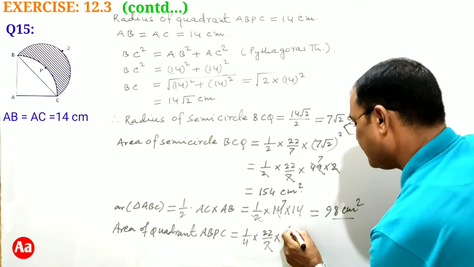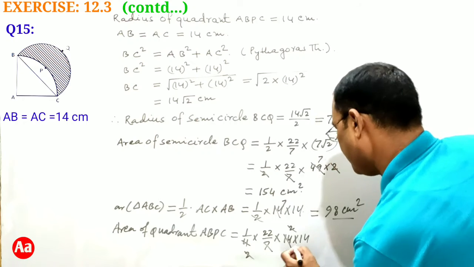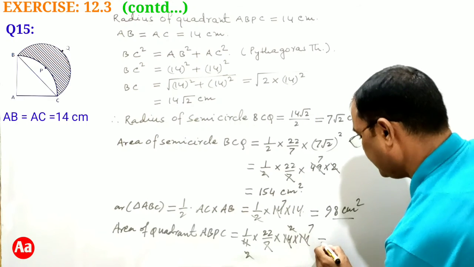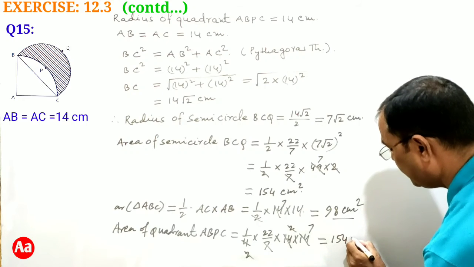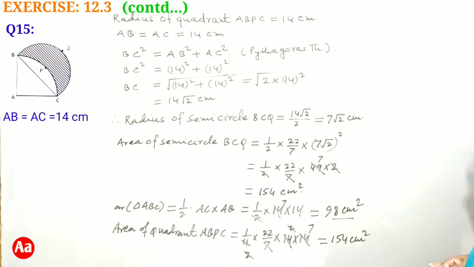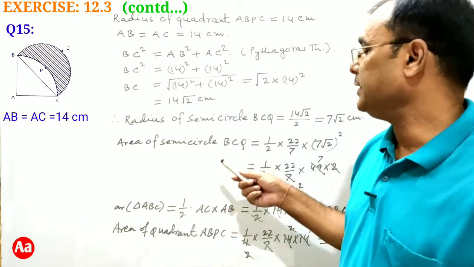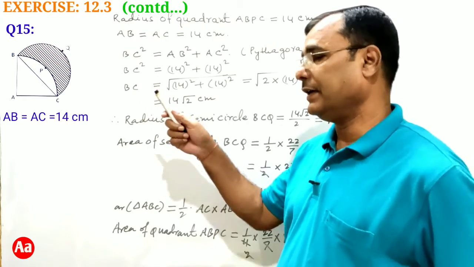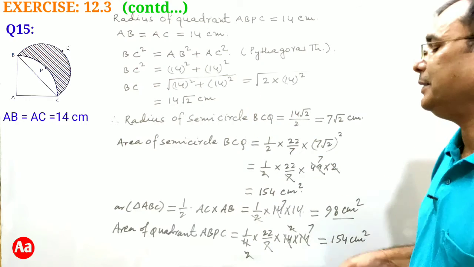So 7 2s are 14, 2 2s are 4, 2 7s are 14, 22 into 7, 154 centimeter square. So this way we have calculated the area of semicircle BCQ, area of triangle ABC, and area of quadrant ABPC.